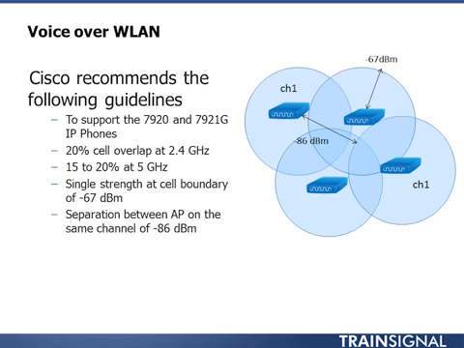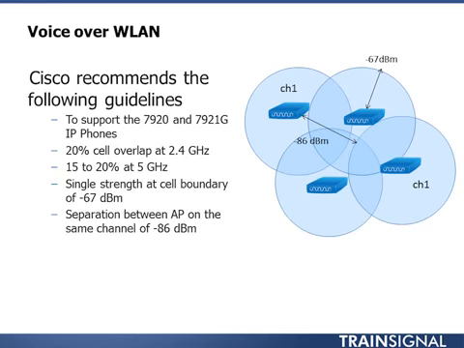And you define that distance by the signal strength of the signal coming from one access point should be no greater than minus 86 dBm when it gets to the cell boundary of the second access point. So you need to keep access points that are operating on the same channel separated by at least minus 86 dBm. And again, that's from the access point to the edge of the cell boundary of the second access point.